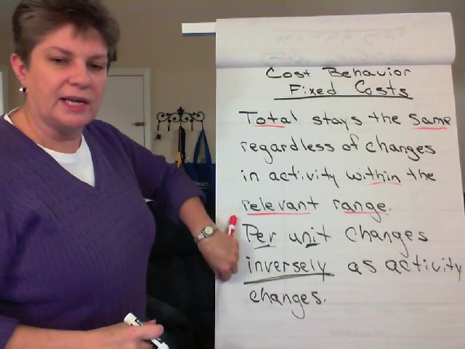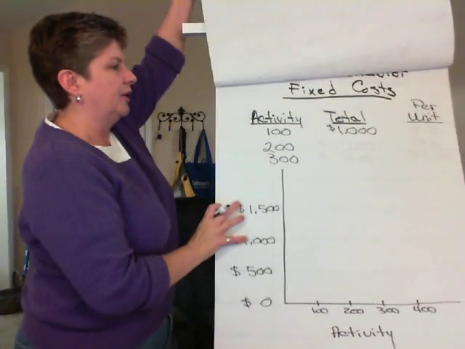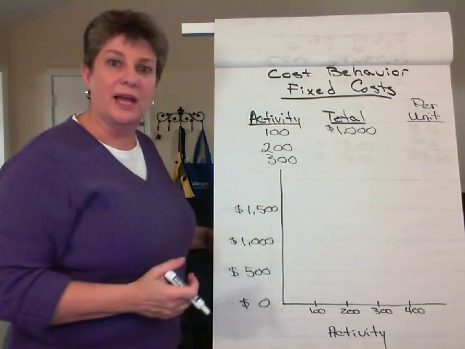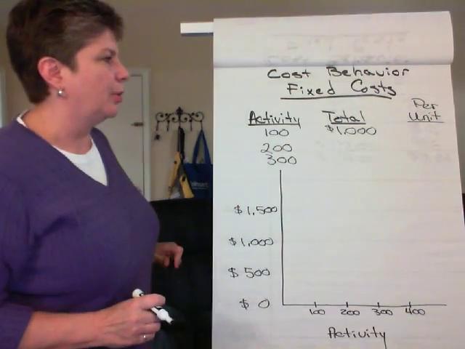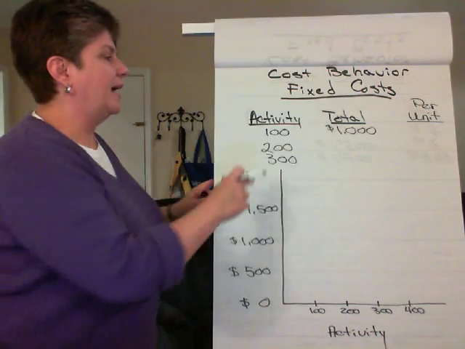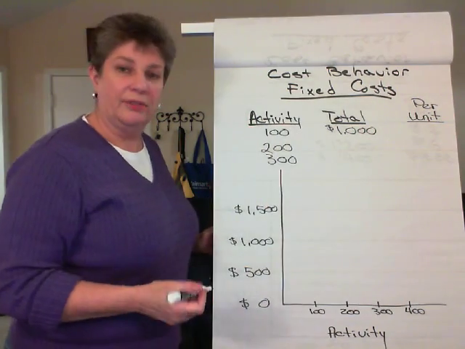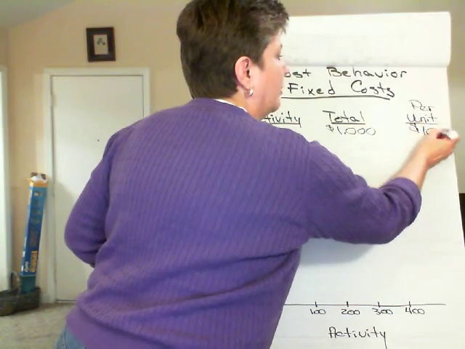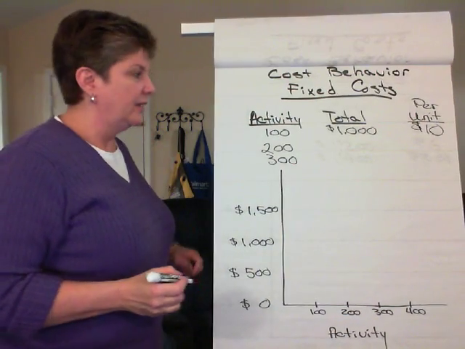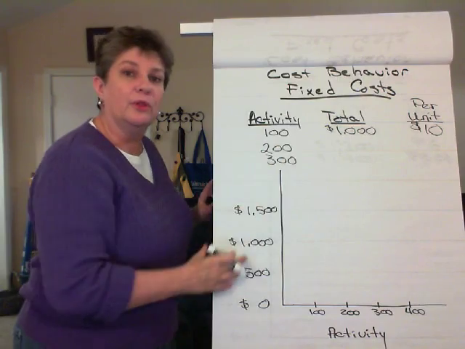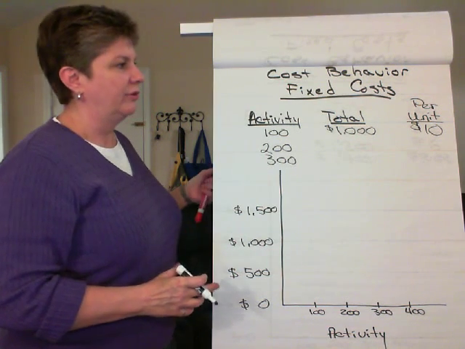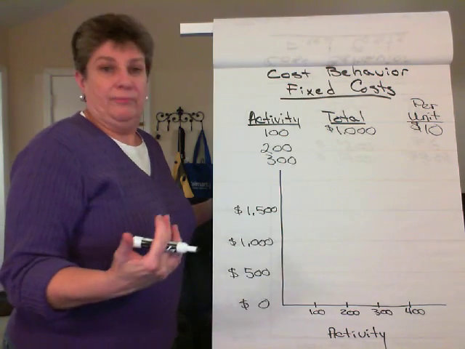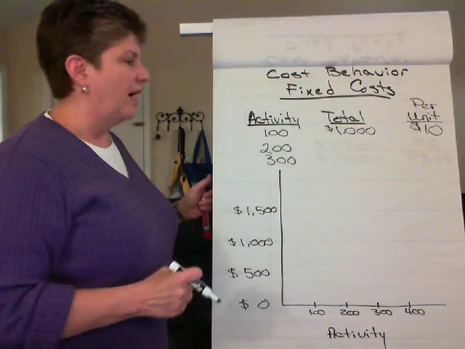Now, once again, let's take a look at some dollar amounts here. Now, let's say that our total depreciation is $1,000 per month. And at 100 units per month, as we just said, our fixed cost per unit is going to be $10 per unit. Now, as long as we're within the relevant range, and let's say our relevant range for that cost being $1,000 is 500 units, from 0 to 500 units.